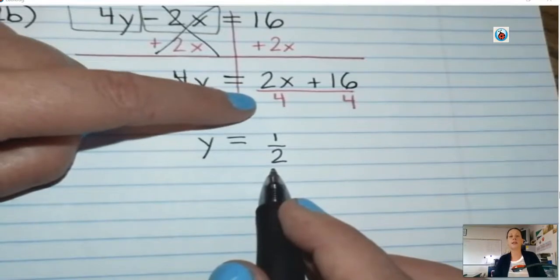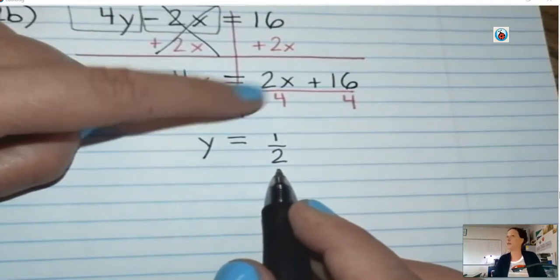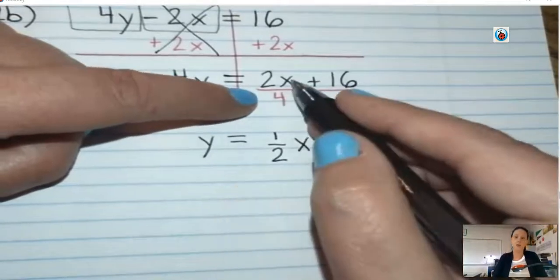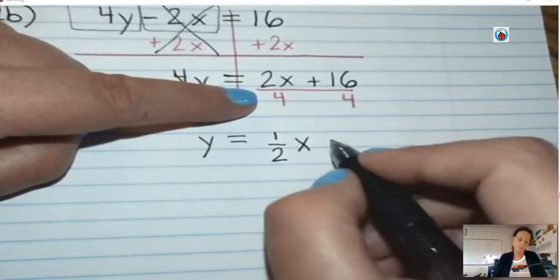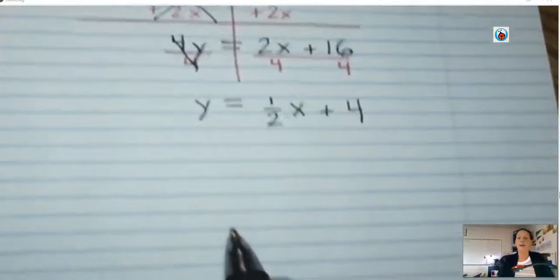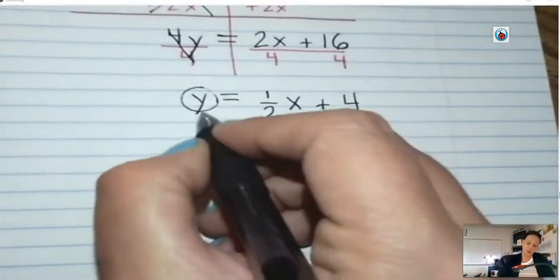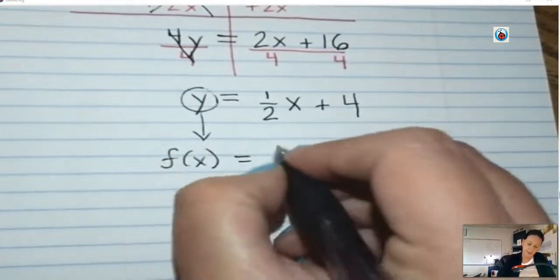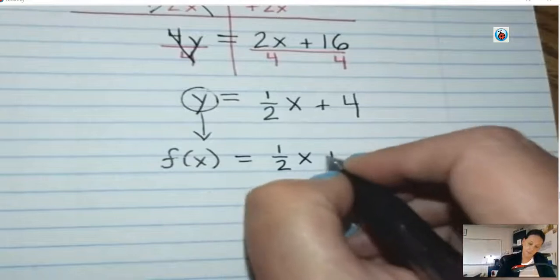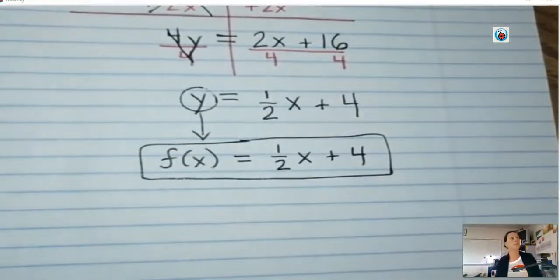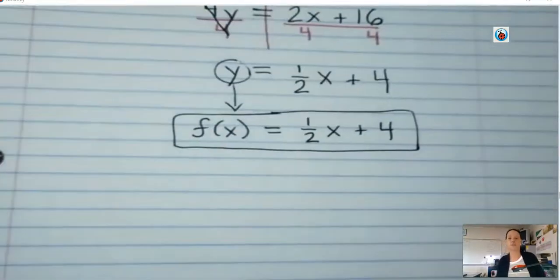If you get a decimal that goes on forever, do not write it down. I need the fraction. Then don't forget to put your x, because it's 2 over 4 x. 16 over 4 is just positive 4. Now to change this into function notation, you just change that y into f of x. And then it's in function notation.